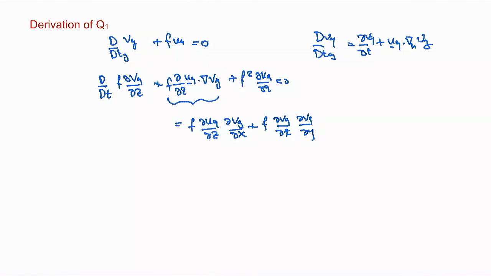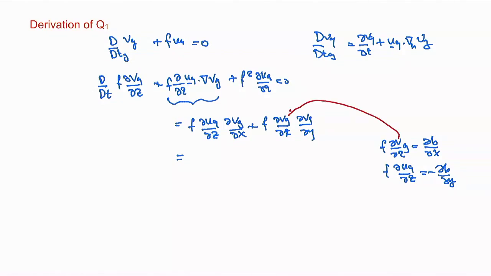Then I'm going to use two things. I'm going to use the components of the thermal wind equation. So where I see that, I'm going to replace it by a buoyancy gradient. Where I see that, I'm going to replace it by a buoyancy gradient.